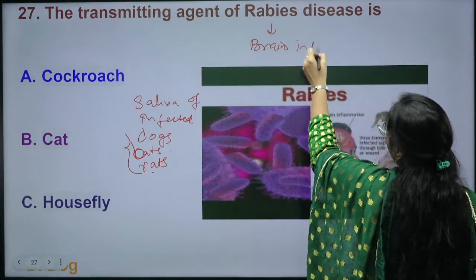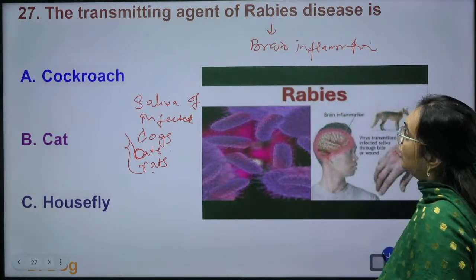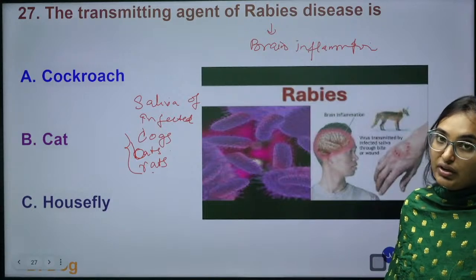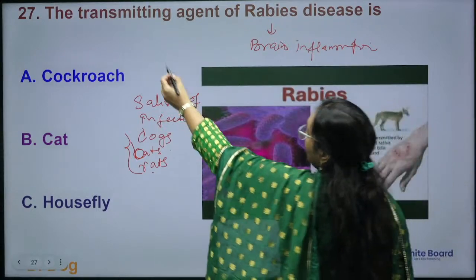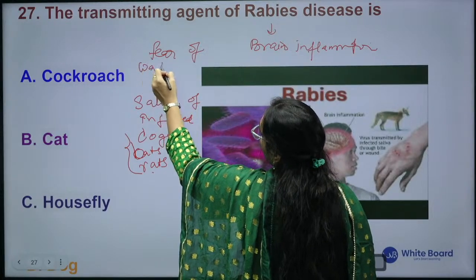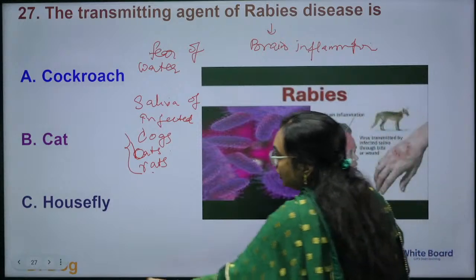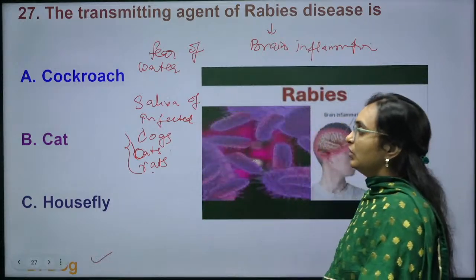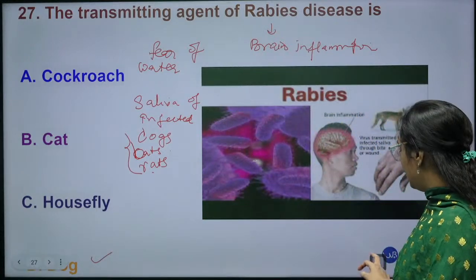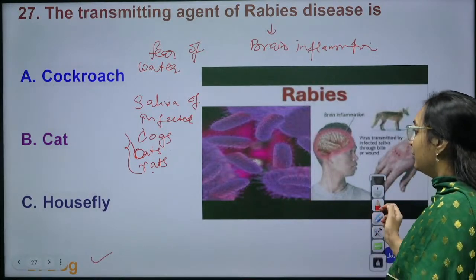One important point is that persons infected with rabies have a fear of water. So here the option is D, dog. Rabies is spread through the saliva of dogs, bats and rats.